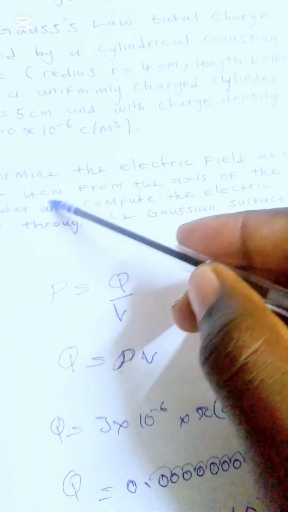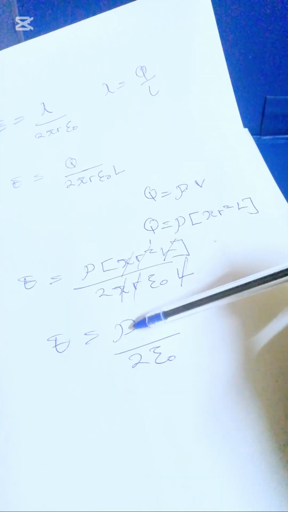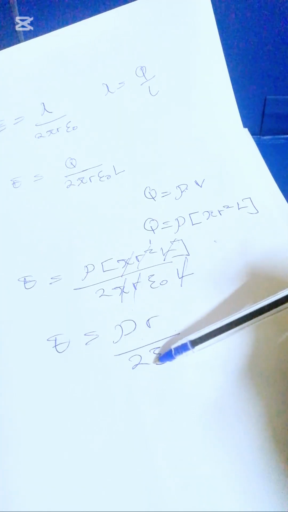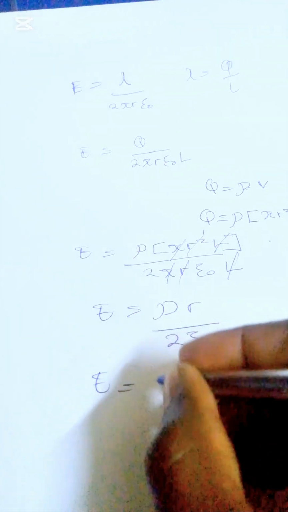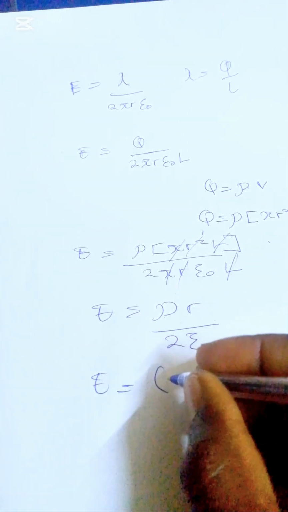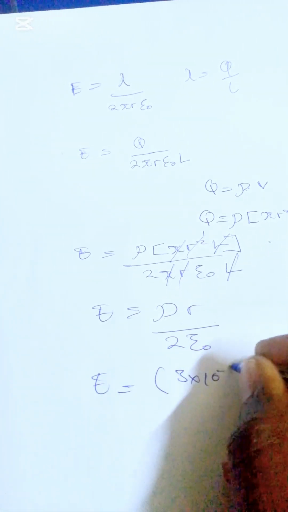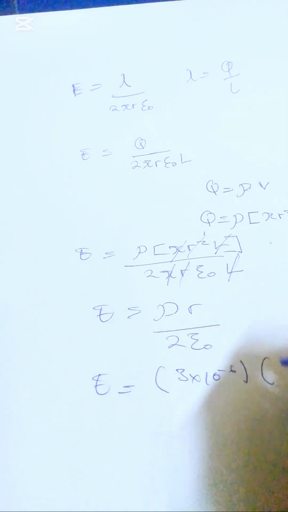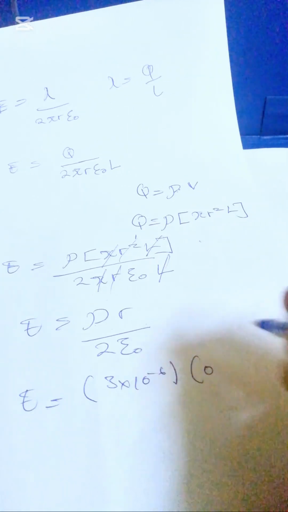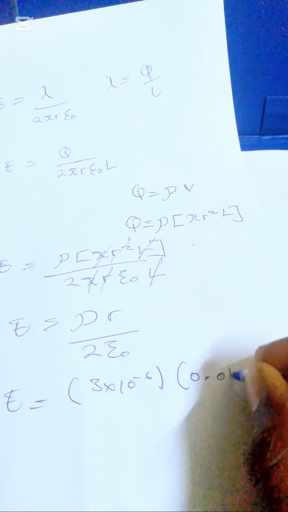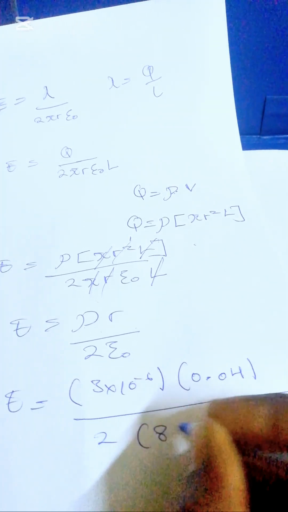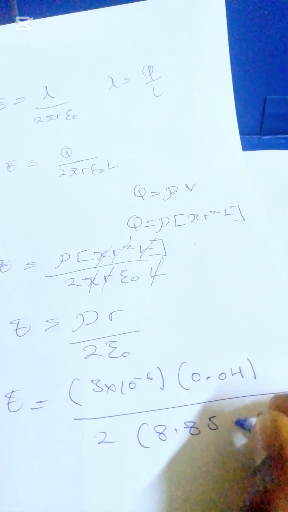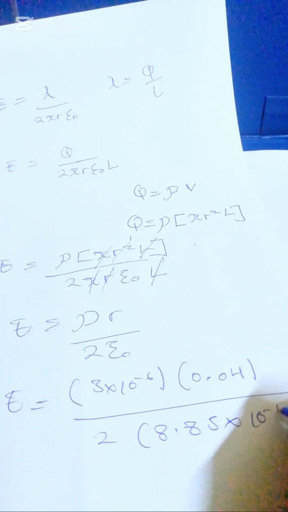So I'll take it into meters, and we'll read off the volume charge density. Then we know the constant. So let's replace. The volume charge density was 3 times 10 to the power negative 6. The radius is 0.04, then over 2 times 8.85 times 10 to the power negative 12.